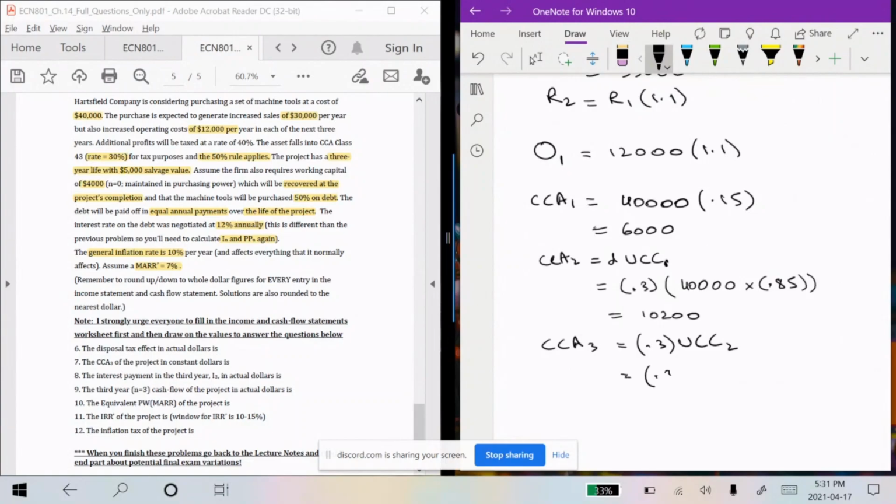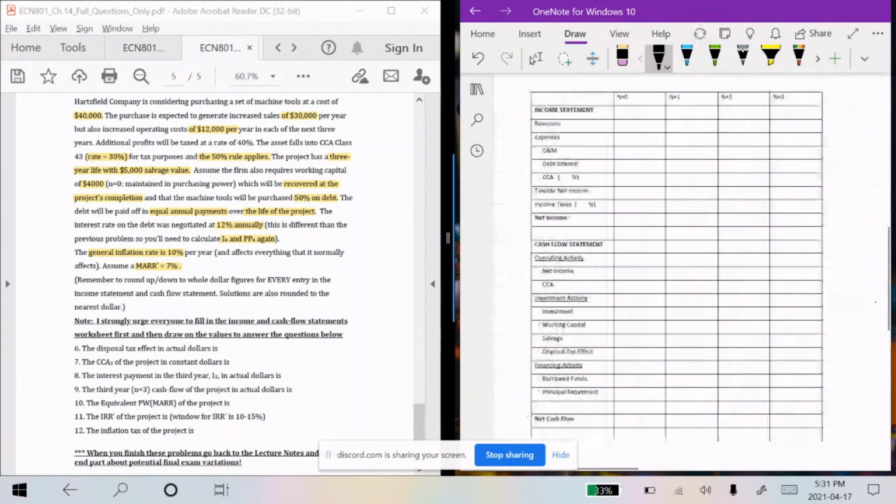That is 0.3 times 3,000 times 0.85. This was the UCC 1, and then 0.7 became the UCC 2. Calculate this and you get 700, and wait, is that wrong?